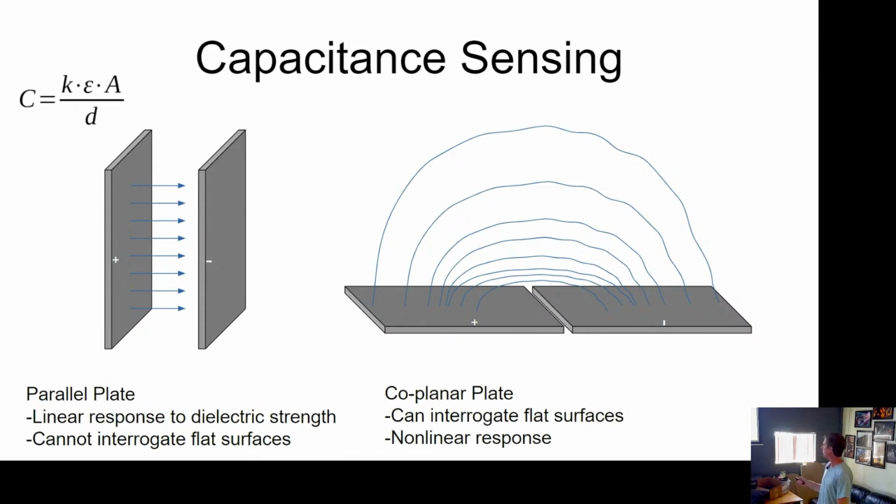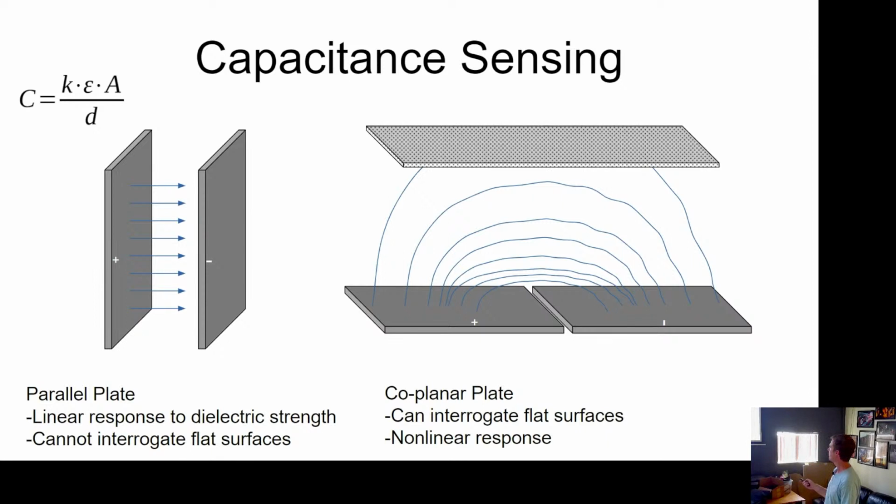And the problem here is that this is now a nonlinear region of interrogation. Since this is an electric field between these two plates, it's really hard to tell, is it here? Is it here? Where is that dielectric material in between these two plates?